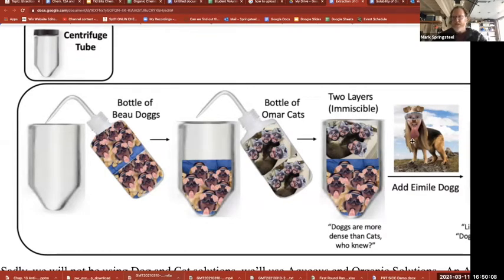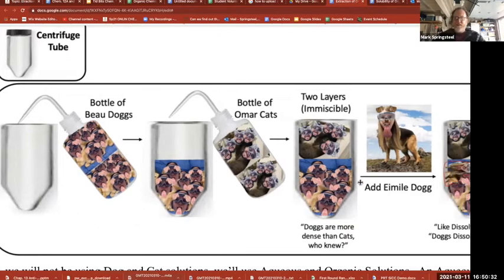Now I'm going to take an Emily dog and add her to the two layers that are immiscible. What layer do you think Emily dog will dissolve in more? Omar cats or Bo dogs? The dogs, because like dissolves like.